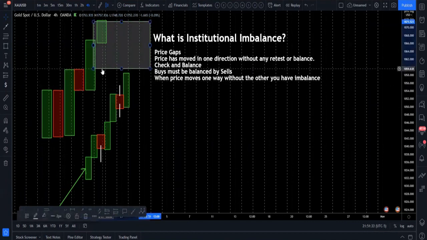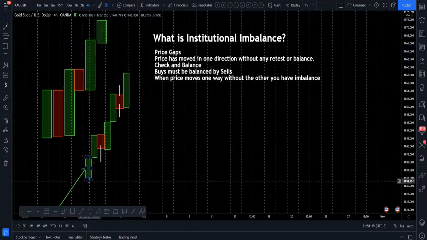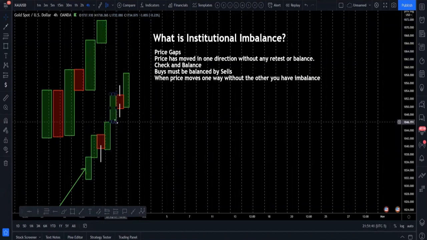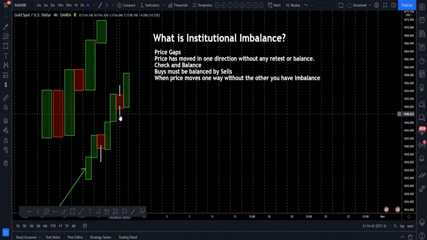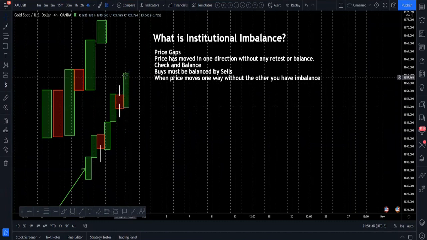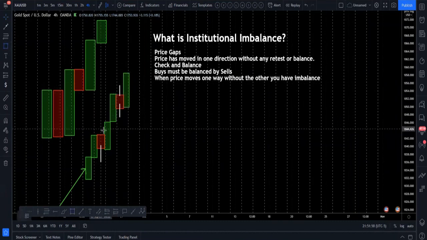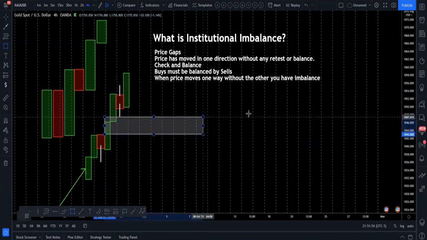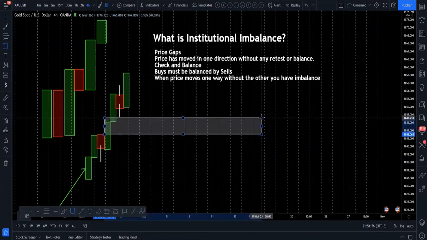So in this example below, you're in an uptrend, price goes up, there's some rebalancing that happens, but then price continues to go up and it tries to rebalance but doesn't rebalance the entire way, and price goes up again. So from here to where this wick is, you have imbalance.